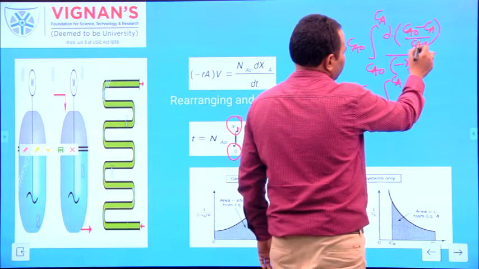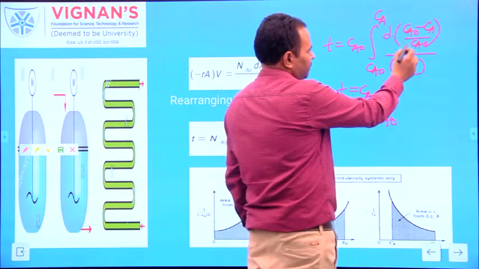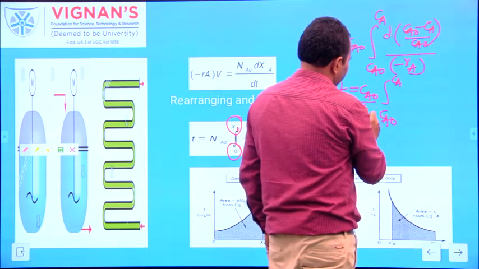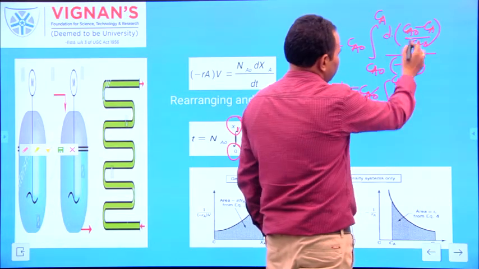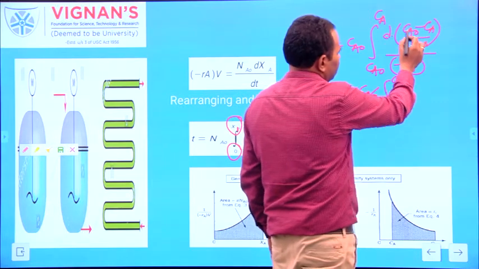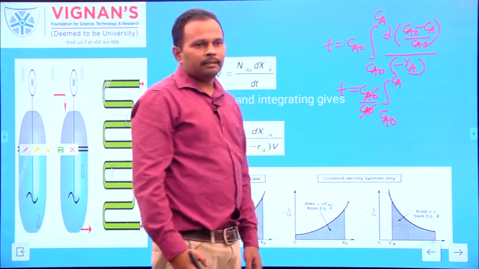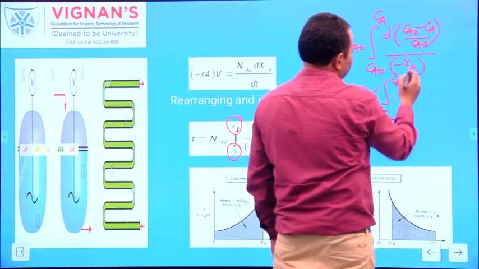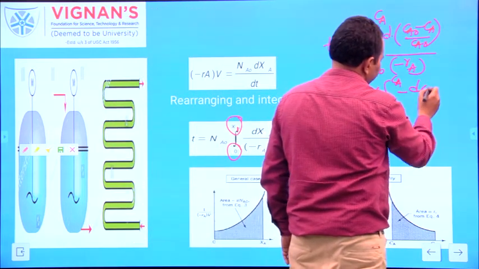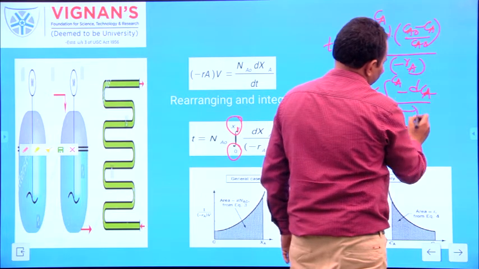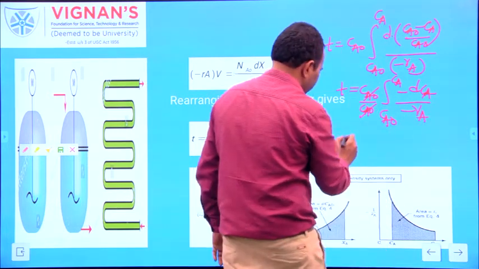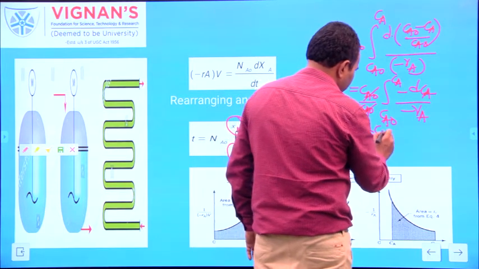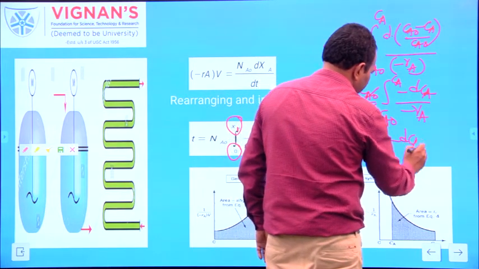Here 1 by Ca0 is constant, so you can take it out of the differential and also the integral, and Ca0 by Ca0 cancels. The derivative of Ca0 is constant, so it is 0. Again the derivative of minus Ca is minus dCA, giving minus dCA by minus Ra. This is the final equation you can obtain: t is equal to the integral from Ca0 to Ca of minus dCA by minus Ra.